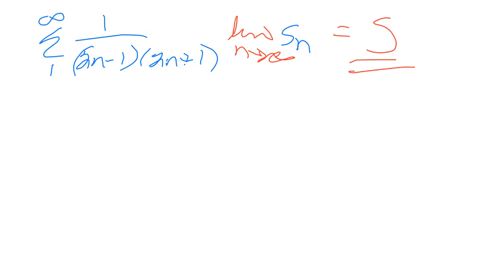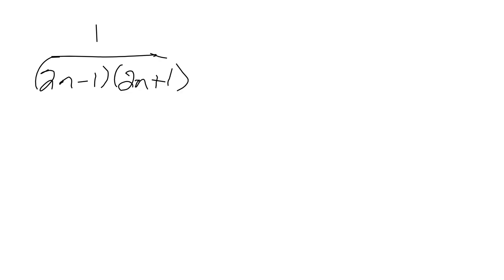So let's see how the book might do that. They didn't show any details, but definitely the patterns that we saw were much better. What we could do is rewrite this using partial fractions.